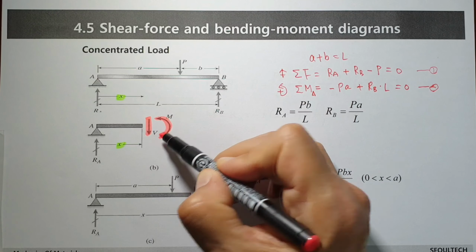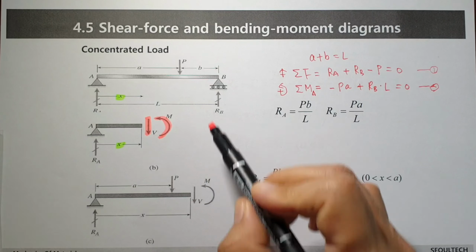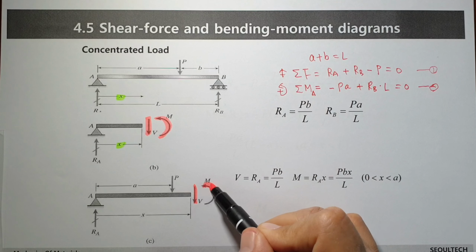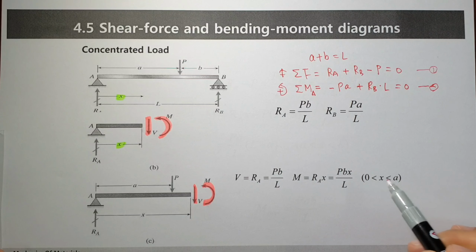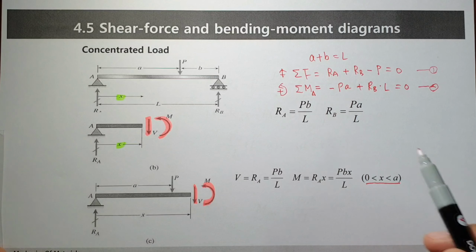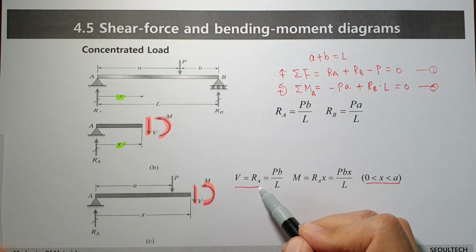When X is smaller than A, in this range, then V equals RA.